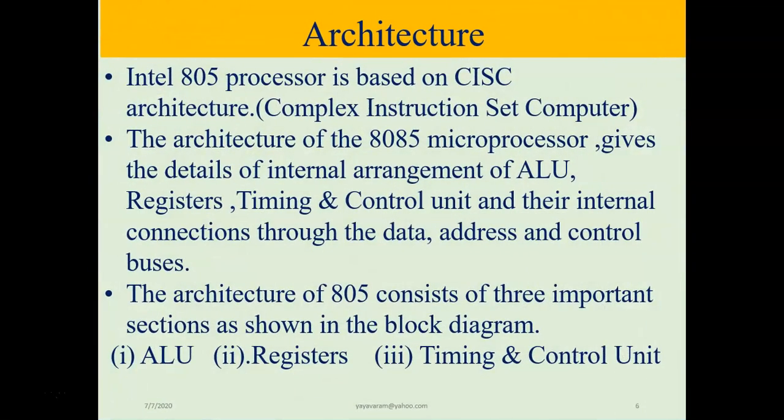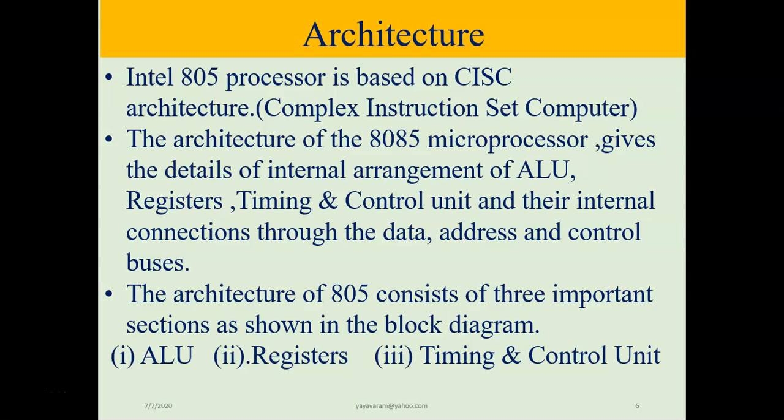Okay. Now, first in the architecture, once again, let us know some more points. I tried to repeat some points which were missed in the earlier slides. Intel 8085 processor is based on CISC architecture. Very, very important.